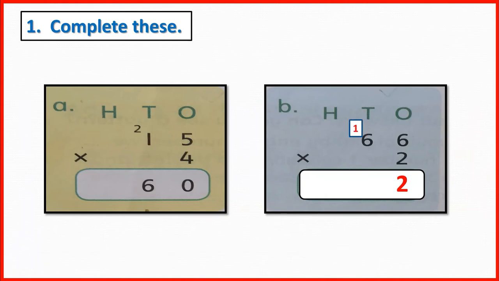Now multiply tens. 2 sixes are 12 and add 1 ten, that makes 13. 1 ten and 12 tens equals 13 tens. 13 tens means 1 hundred, 3 tens. So write 3 tens in the tens column and write 1 hundred in the hundreds column.